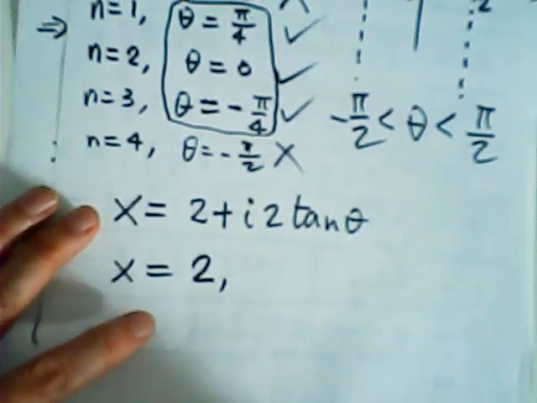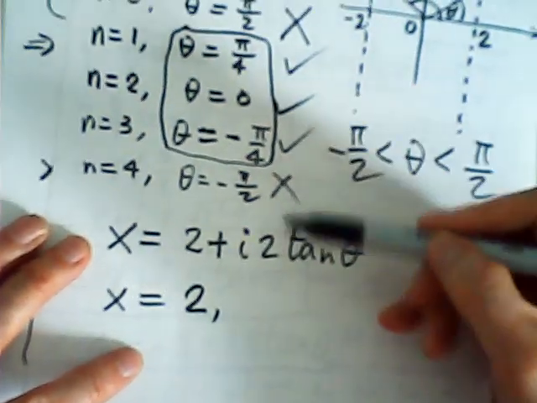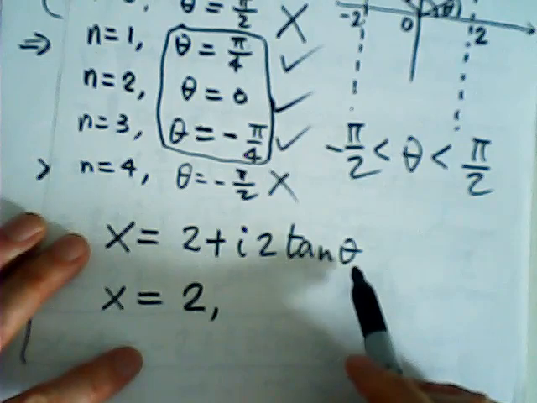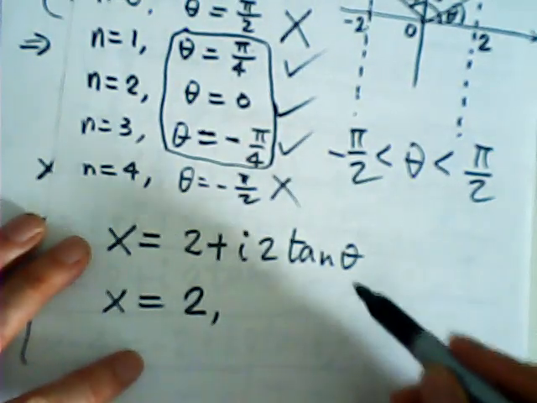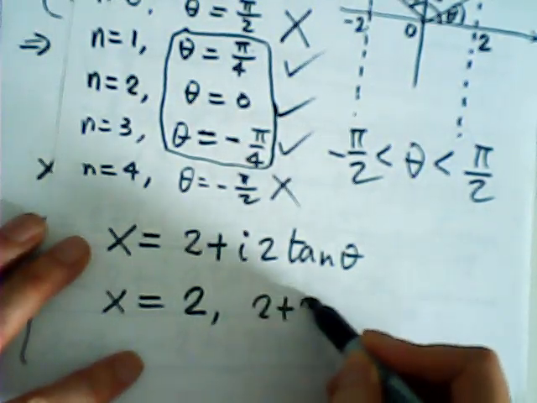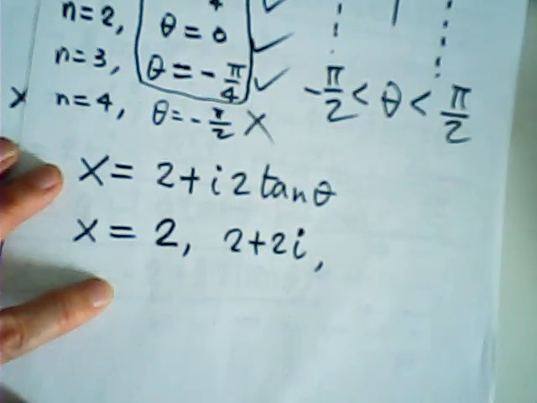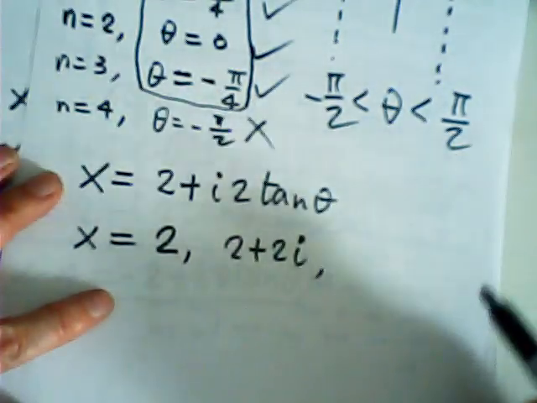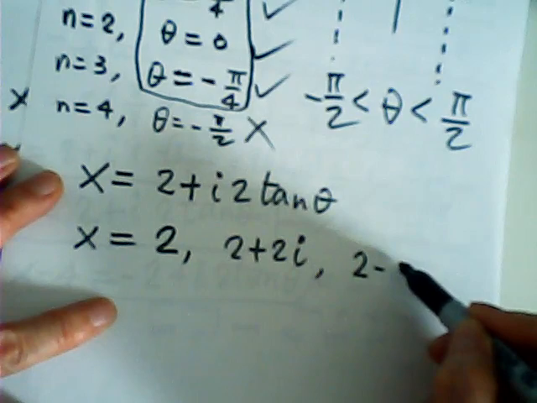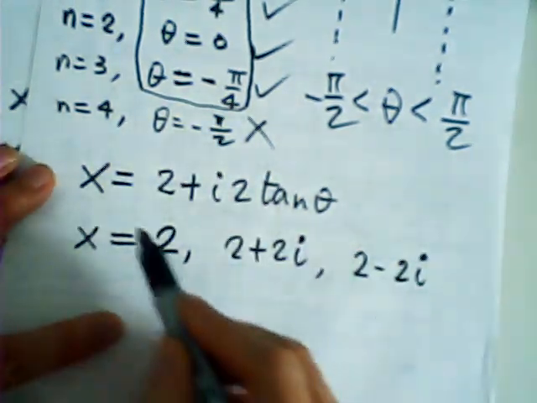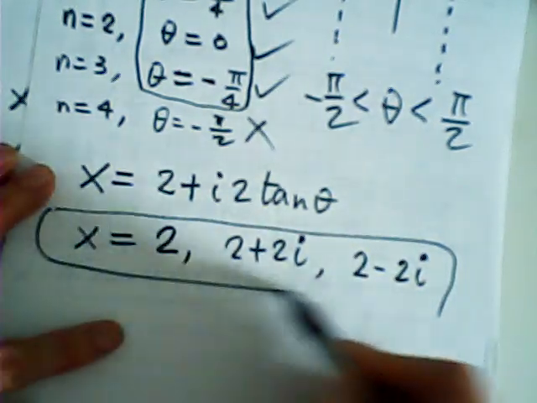See, that's good. When theta is a quarter pi, tangent is 1, so 2 plus 2i. When theta is a negative quarter pi, it is 2 minus 2i. So these are 3 solutions.